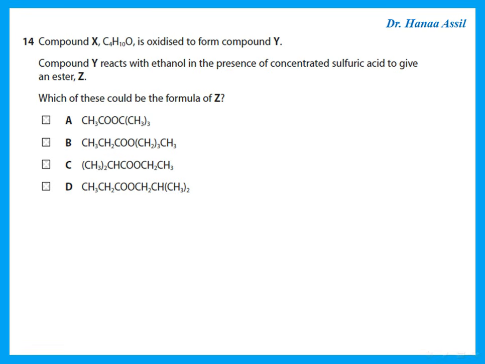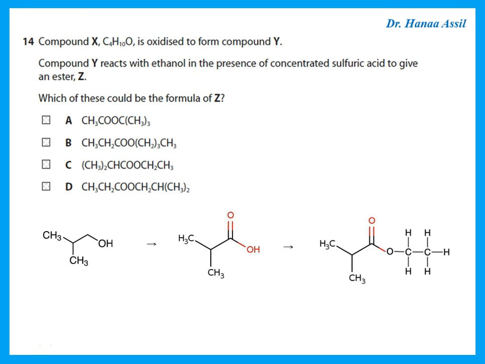We react acid with alcohol to give ester, so Y is an acid. So X is something that is oxidized to form an acid. Now, looking at the choices, if I start with X like this, then if I oxidize it, it will form this acid. And then if we react it with ethanol, it forms this ester.